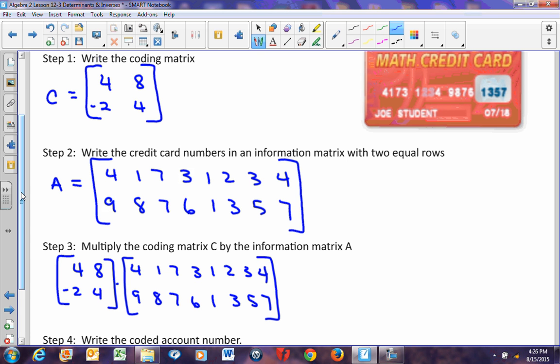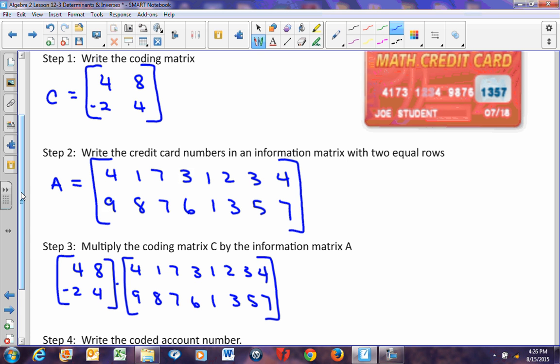Okay, so I'm going to put in my 2 by 2 matrix first, which is 4, 8, negative 2, 4. Multiply that by, and put in the matrix, which in this case, I have to put in as a big matrix. So I'm going to hit enter, and it's going to ask me number of rows.